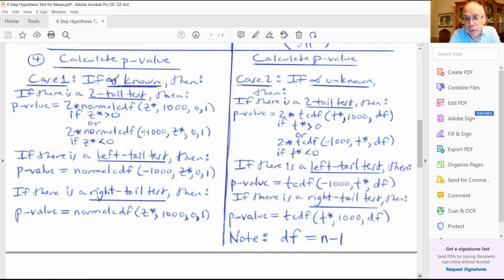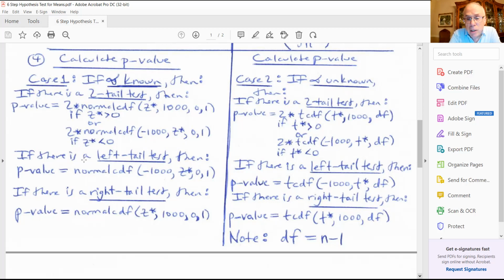We're going to find the area to the left of that negative z. And we're going to use this syntax here: 2 times normal CDF, and we treat it as a left tail, negative 1,000, comma z star, comma 0, comma 1. Right, so that's if z is negative. And then, of course, we multiply that by 2. So two-tailed tests, we always multiply by 2.